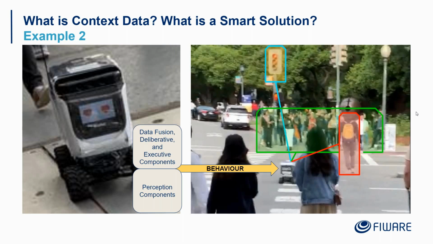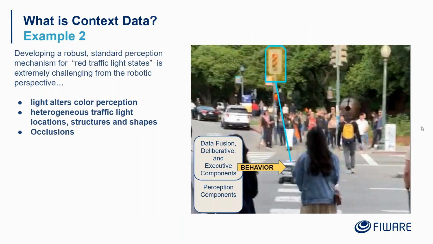The perception mechanisms will feed a set of data fusion, deliberative, and executive components, and that will result in a behavior trying to change the state of the robot within this scenario. The problem is that the perception mechanism of the robot will be challenged by many real-world situations.